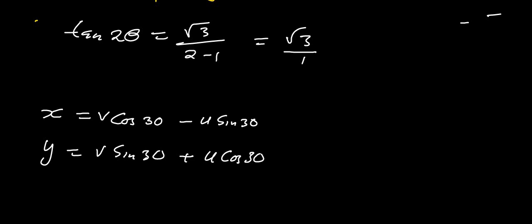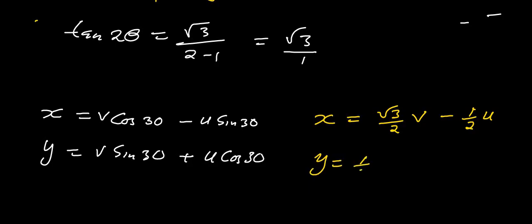It will be root 3 over 2, right? Then sine 30 is half, opposite over hypotenuse. So again, we have v, then plus root 3 over 2 with the u. So these are the replacements we're supposed to do. So we just converted this.